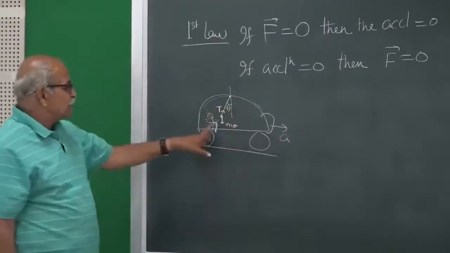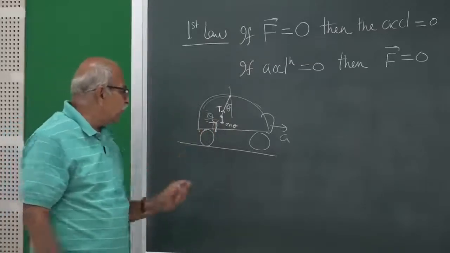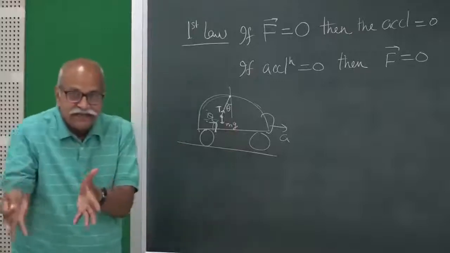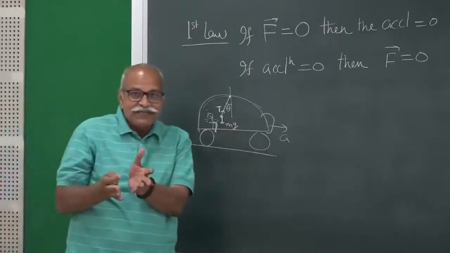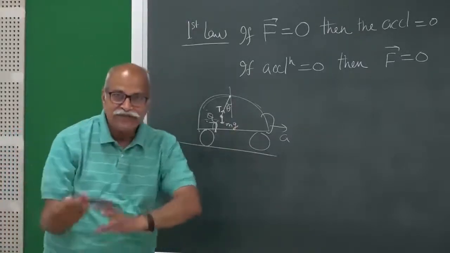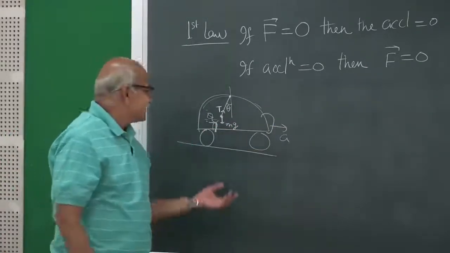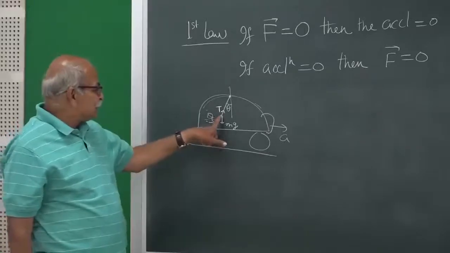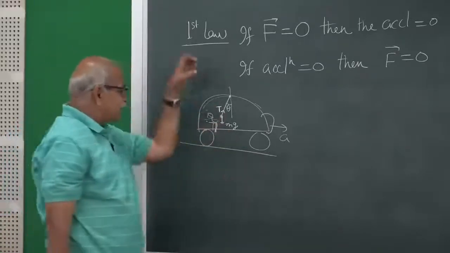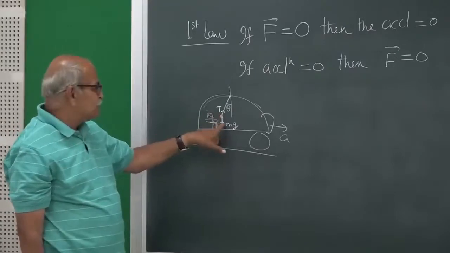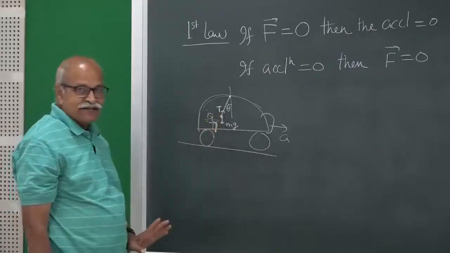These are the two forces, because force is always exerted by some object on some other object, that is how the force is conceived. The earth is attracting everything, so it is also attracting the bob, and that force is mg in the vertically downward direction.